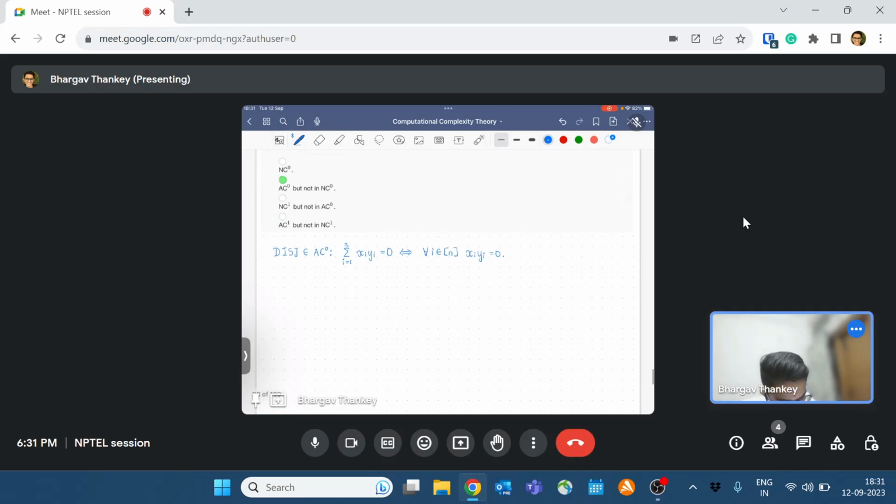So for disjoint of x1 to xn, y1 to yn, it is just the OR over i in 1 to n of xi yi.